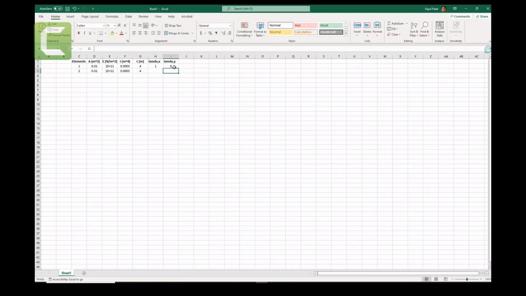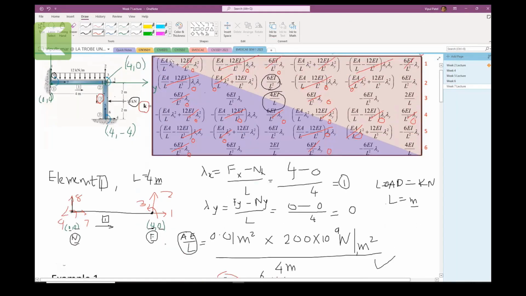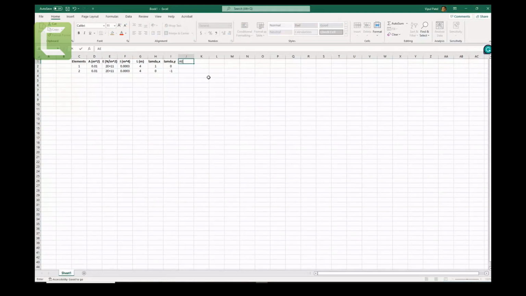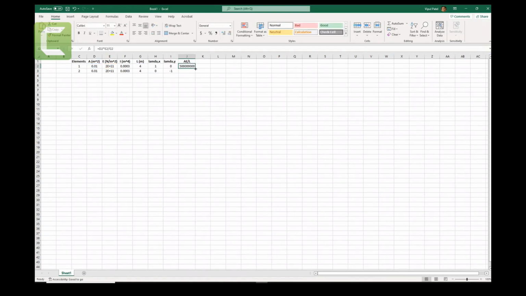Lambda y was 0 here and minus 1 here, if I remember. And then we need something called AE on L, equal to area times E divided by length. So that's good. And we get the same thing for here.